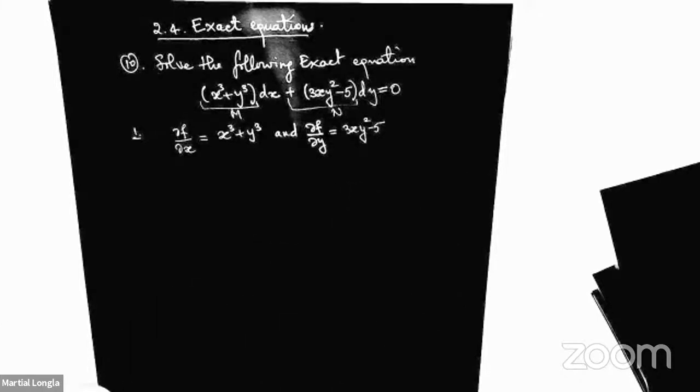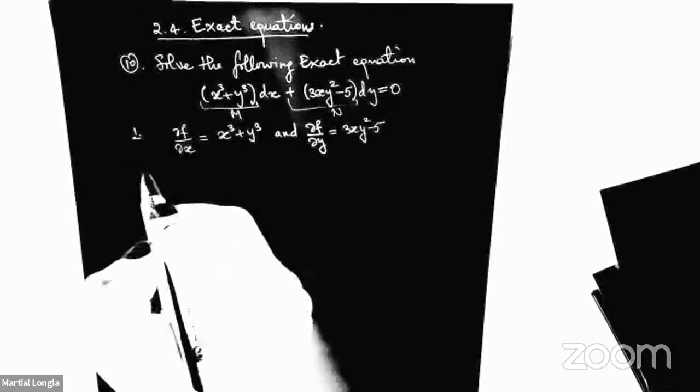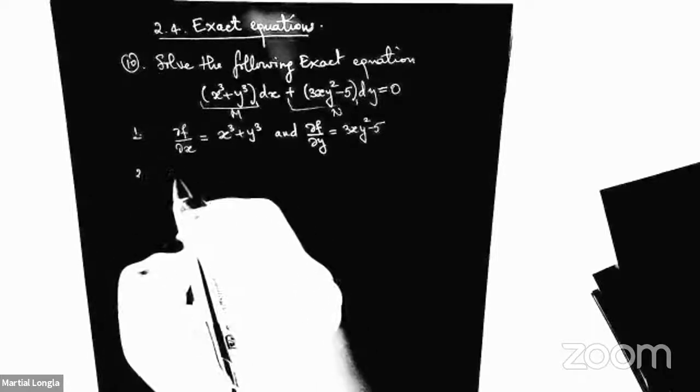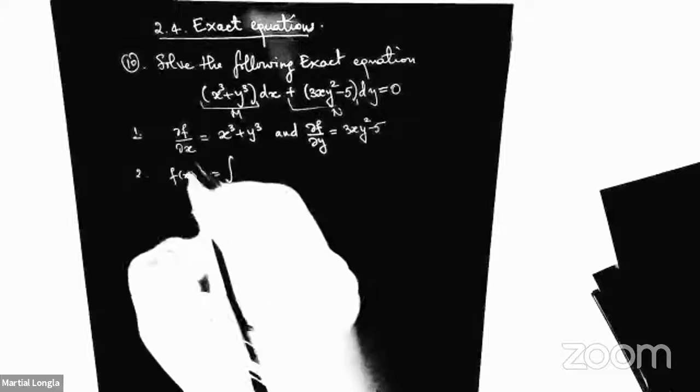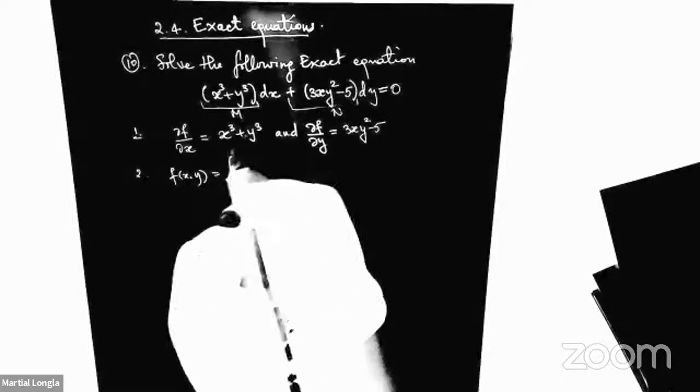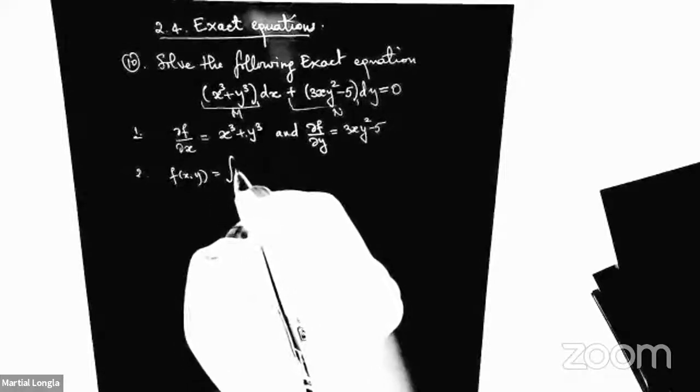That's the beginning. And now you choose the functions to integrate. So f of x y is the integral. I integrate this. Derivative is that. I integrate to get f.